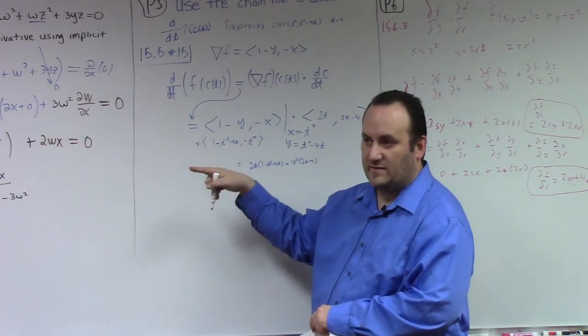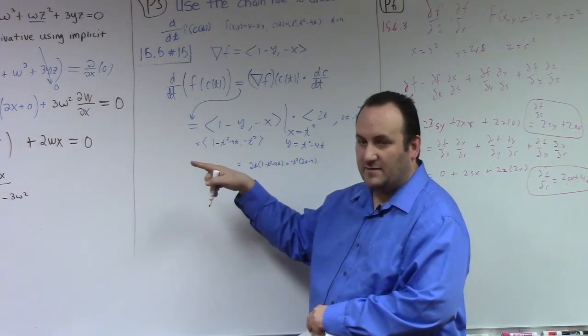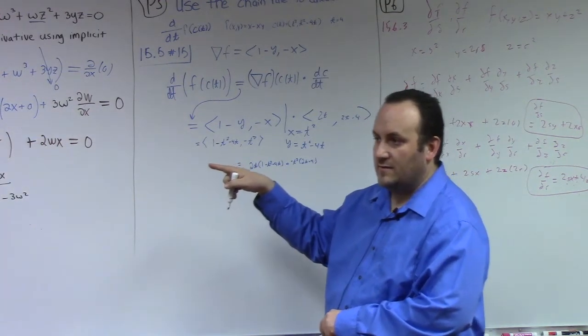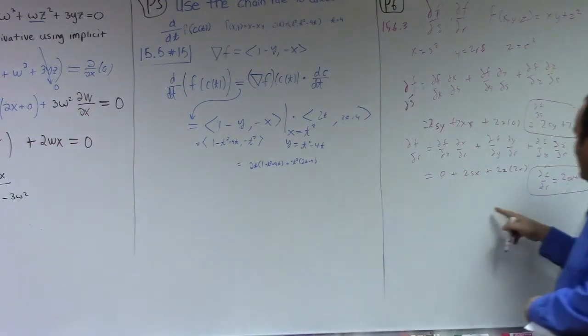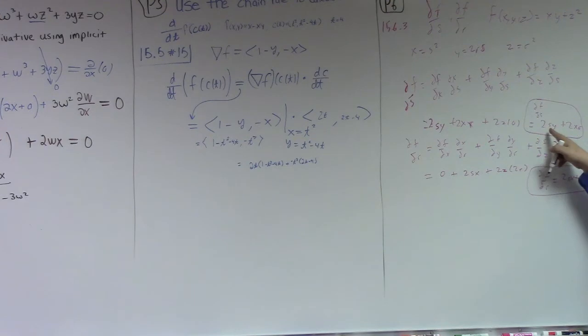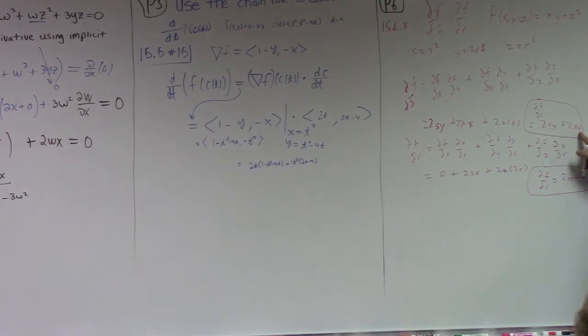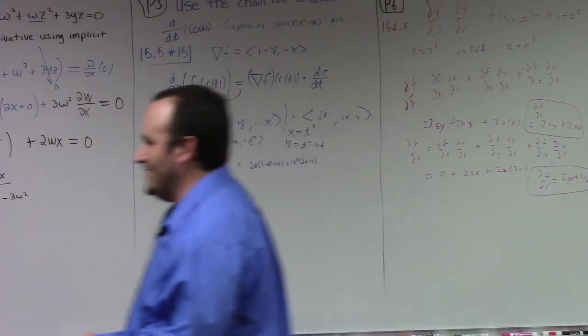We use the partial notation when there's 2 or more independent variables, like in problem 1. Oh, by the way, it was pointed out to me problem 6 is the same. Do we agree? 2sy plus 2xr. When I looked at this first, I thought this was a 6, but now that I've been educated by problem 1, I clearly understand that this is an r, right? And likewise, 2sx plus 4zr. All right. Sorry, I'll try to behave myself.